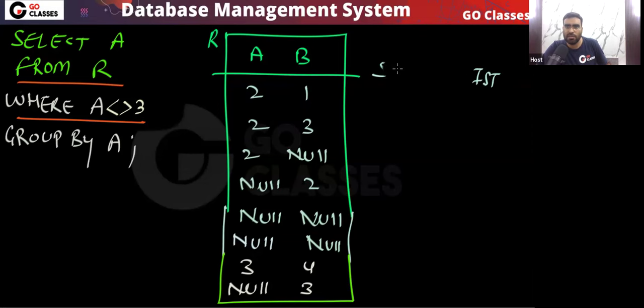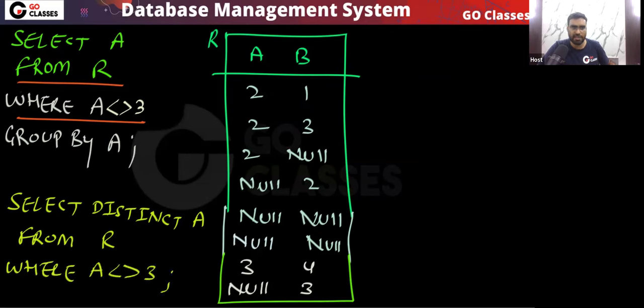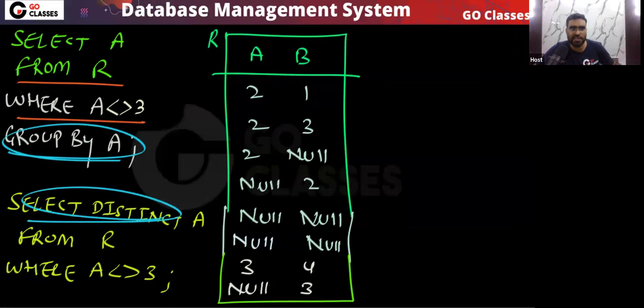Just remove the group by. There is no need of group by, because group by is useless when there is no aggregation. This group by is same as select distinct.